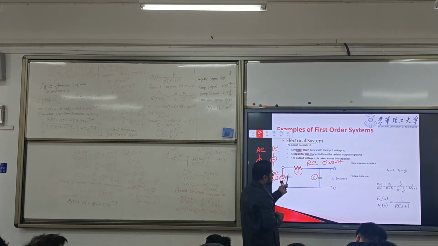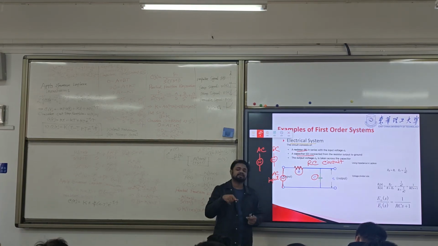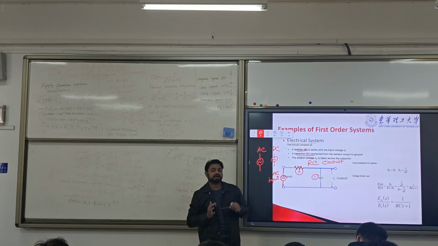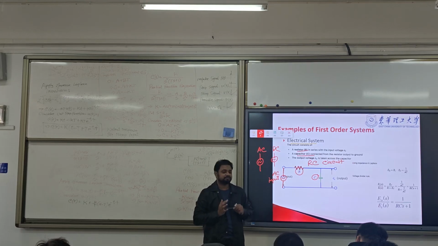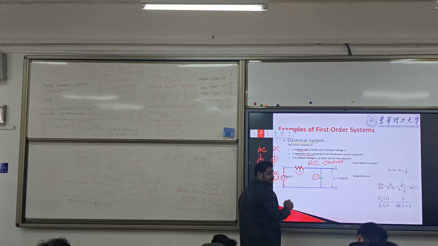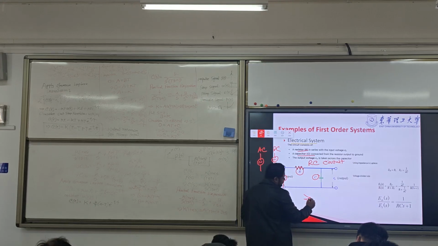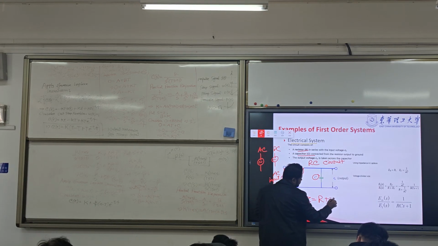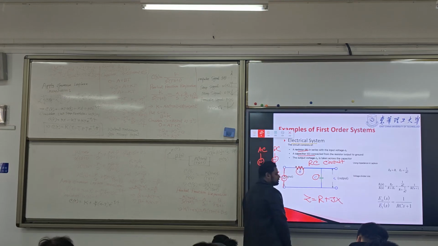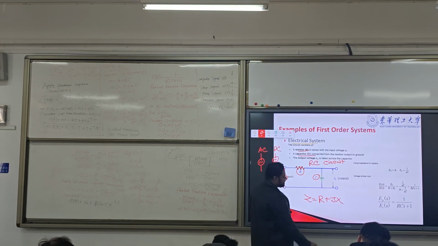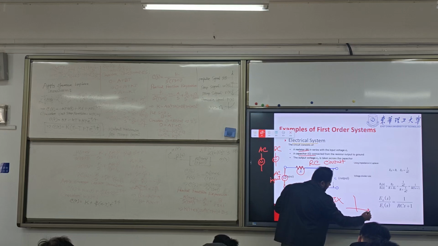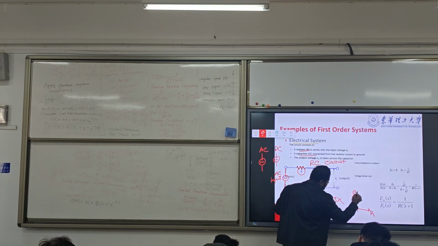Resistance is the opposition of the current flow for DC, and impedance is the opposition of the current flow for AC. This impedance we can define as R plus jX. This is R, this is jX.